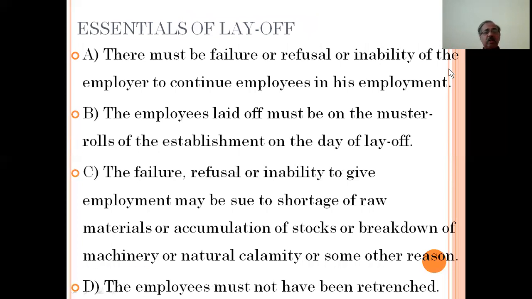Then what are the essentials of layoff? The following are the essentials of layoff. First, there must be failure or refusal or inability of the employer to continue employees in his employment. Second, the employees laid off must be on the muster rolls of his establishment on the day of layoff.